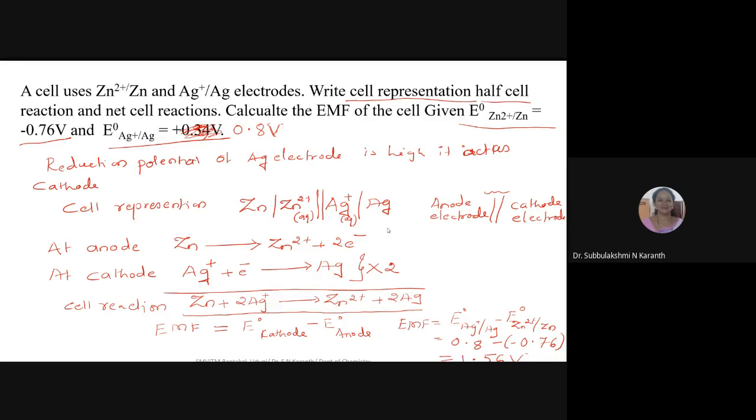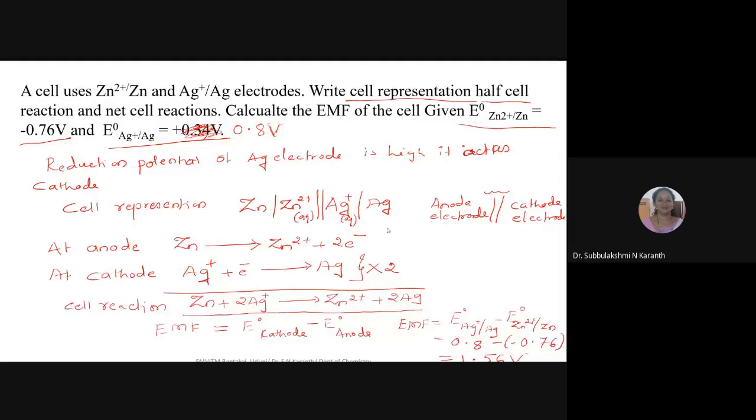At the anode, oxidation takes place, so Zn gives Zn2+ and 2 electrons. At the cathode, Ag+ plus electron gives Ag. It is a simultaneous reaction. The number of electrons liberated is equal to the number consumed, so it should be balanced. So the cathode reaction should be multiplied by 2. The final cell reaction is Zn plus 2Ag+ giving Zn2+ plus 2Ag.